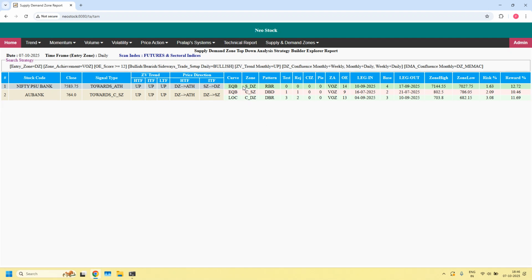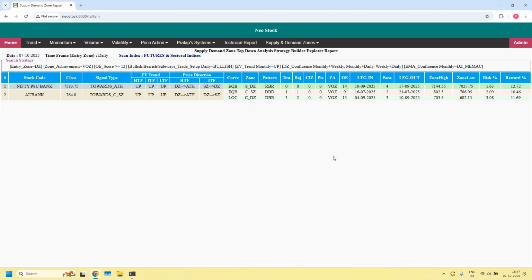So these 2 daily demand zones have a higher probability of success as per the second strategy, but provided lesson 20 checklist item should satisfy, otherwise higher chances of the zone violation. Okay, next, this is a bullish trade setup for monthly income trade.